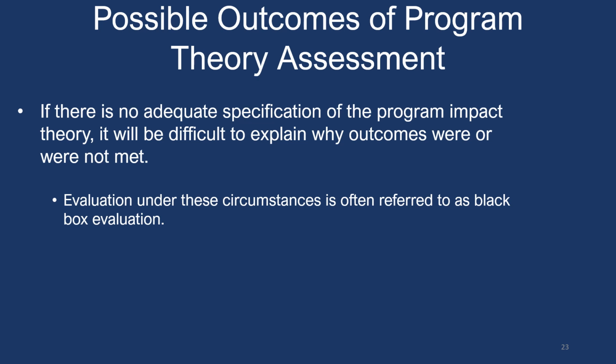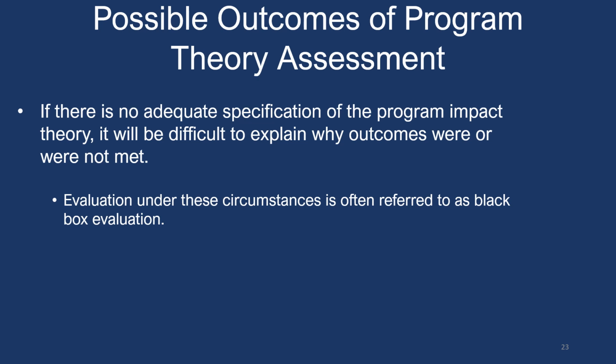If there is no adequate specification of the program impact theory, an impact evaluation may be able to determine whether certain outcomes were produced, and we'll talk about impact evaluations further in the course, but it will be difficult to explain why, or often more important, why not certain outcomes were produced.